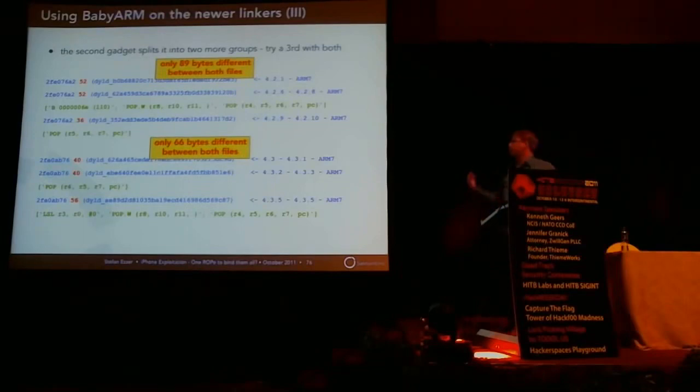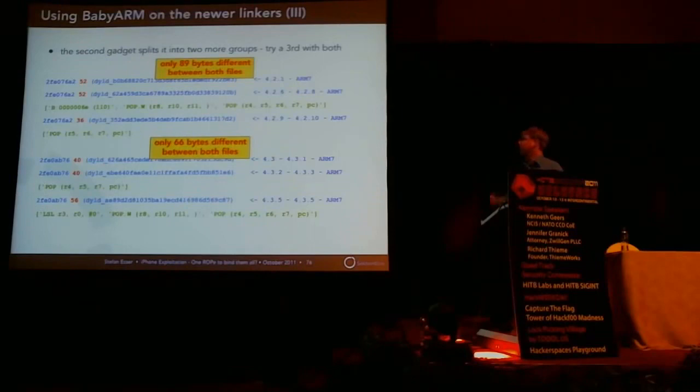So now we have collected all these values, and now we can just put them into our ROP payloads. Well, I just see I missed one slide that showed it.